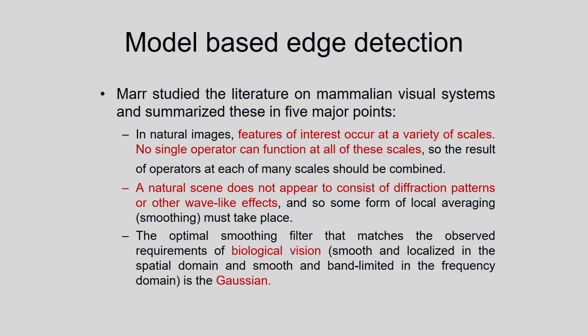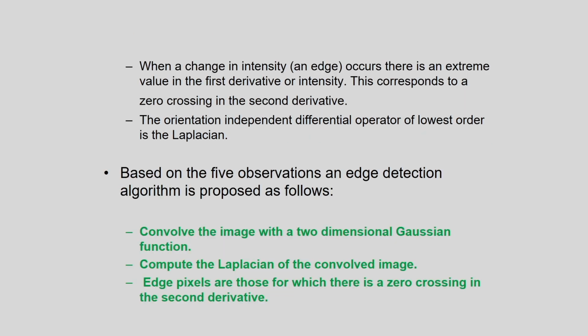That means the image is convolved with the Gaussian, and I can do the smoothing of the image. So his main observations are like this.